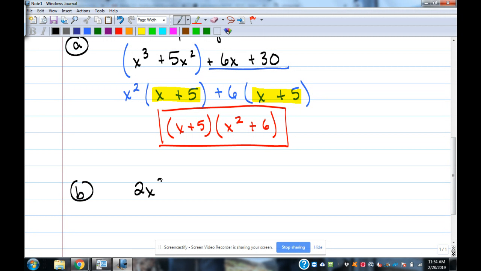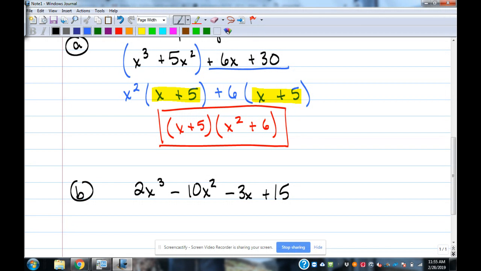So 2x cubed minus 10x squared minus 3x plus 15. Okay. Is it in the right order? Cubed, squared, plain, no variable. Right order. Okay. Next thing to do is group the first half together.